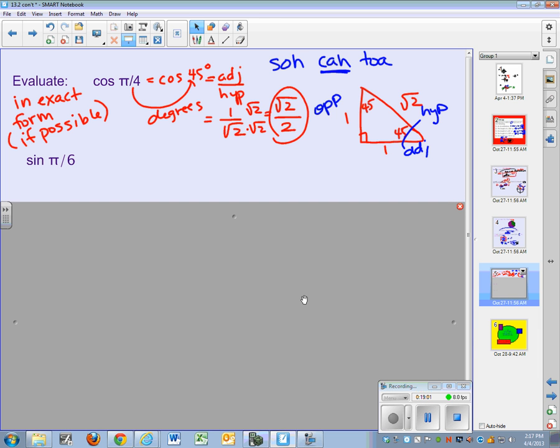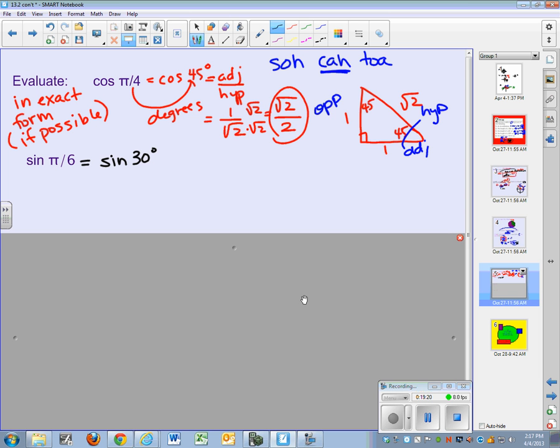So, again, using your unit circle, find pi over 6. And pi over 6 is 30 degrees. And so we're going to draw, this time, a 30, 60, 90 triangle.